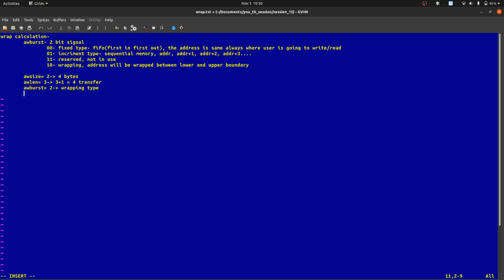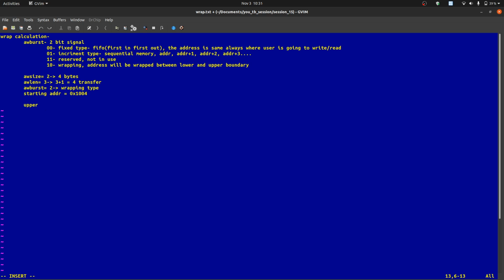And starting address is equal to, let's say, 0x1004. As we can see, the size is 4 bytes and length is 4, so total number of bytes transferred will be 16, right? So there is some formula.